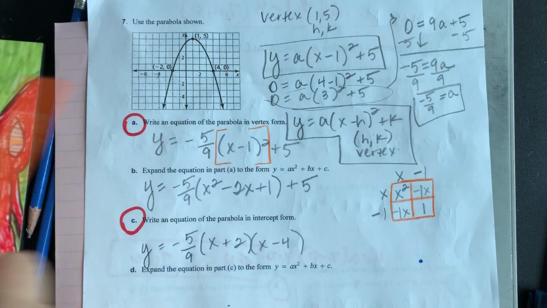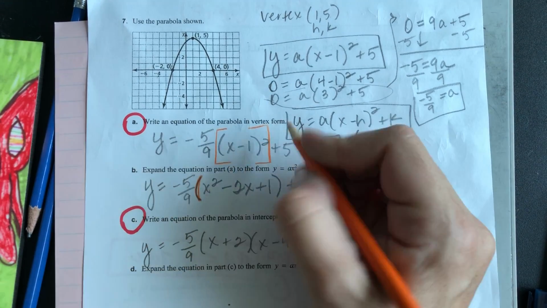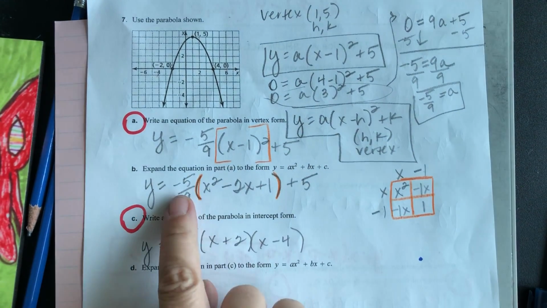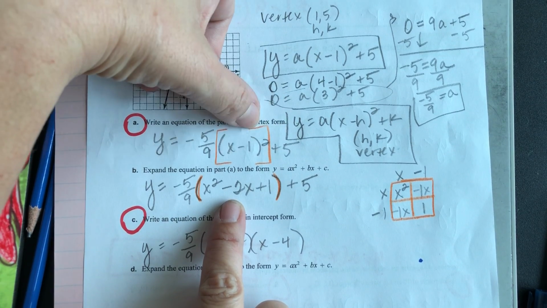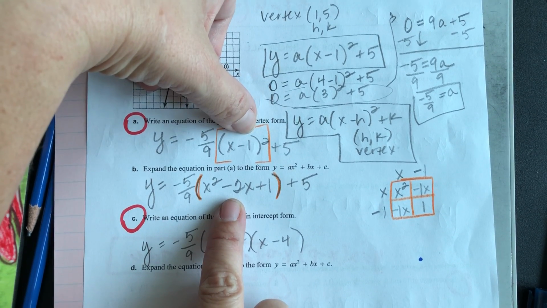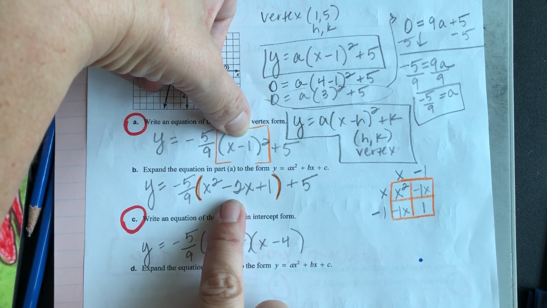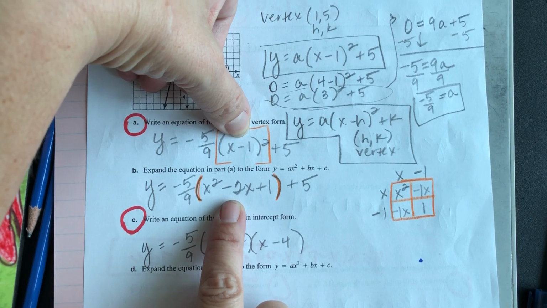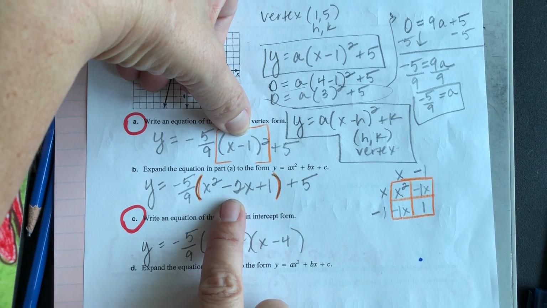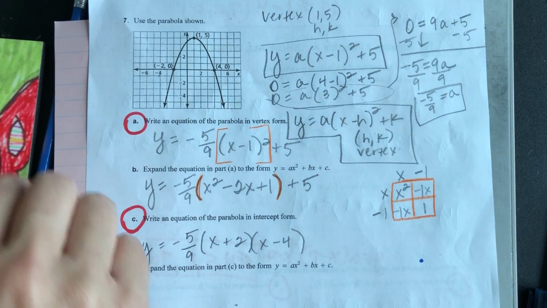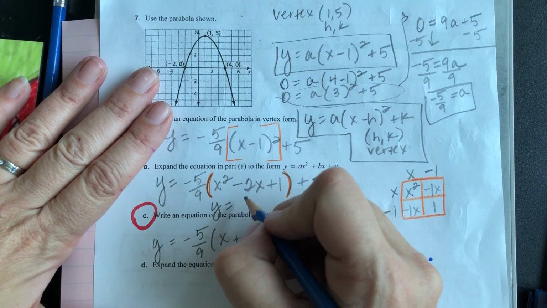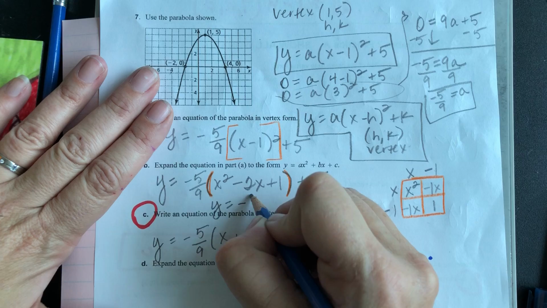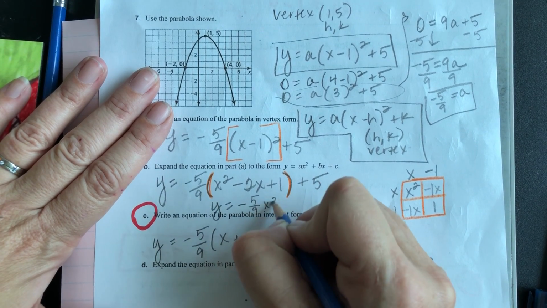And I still have a +5 out here because this is just simply the x minus 1 squared, this expansion of the binomial x minus 1 times x minus 1. Now, this certainly gets a little ugly when I start distributing that -5/9. Y is equal to -5/9 x squared.